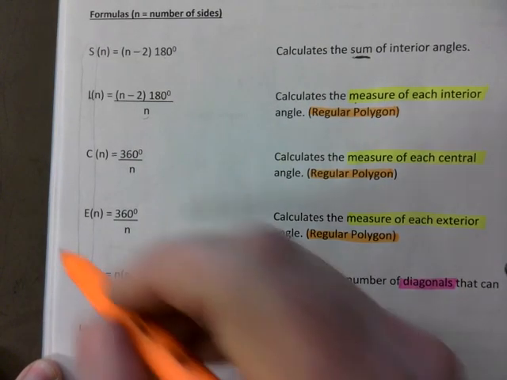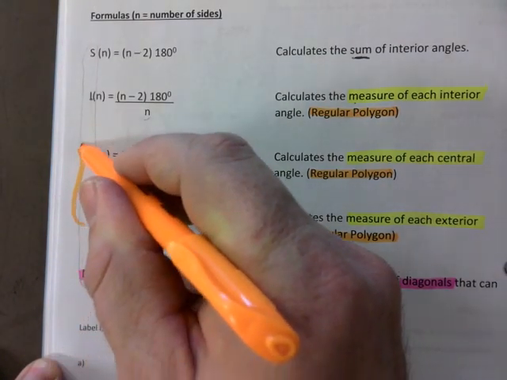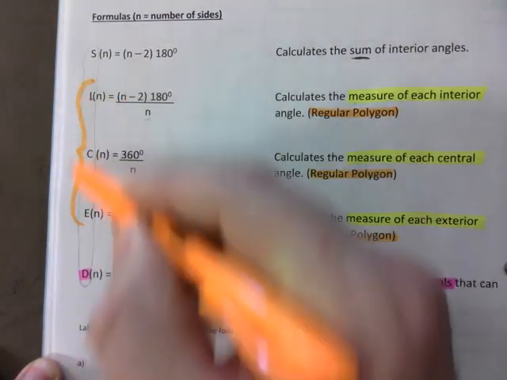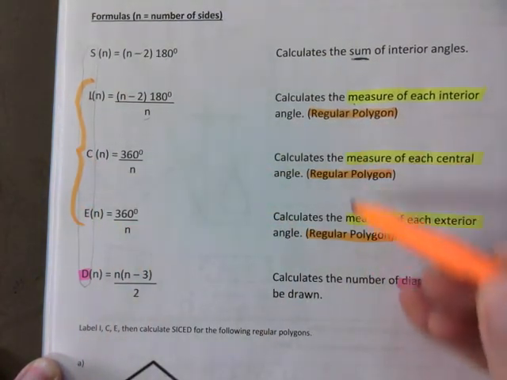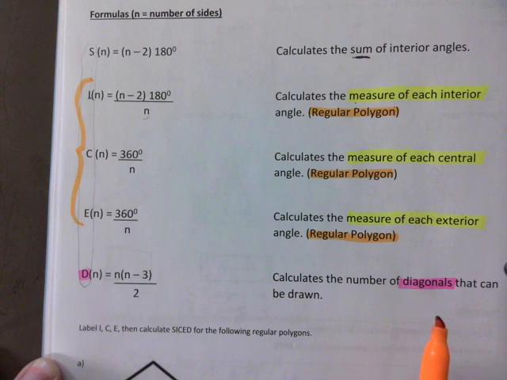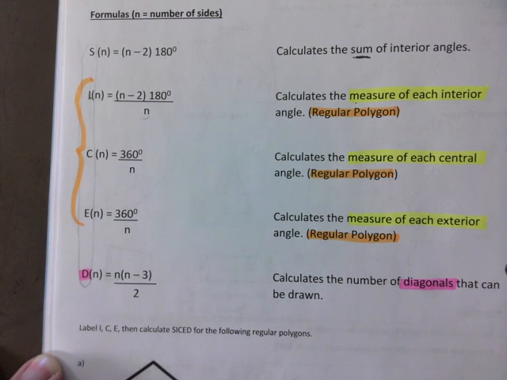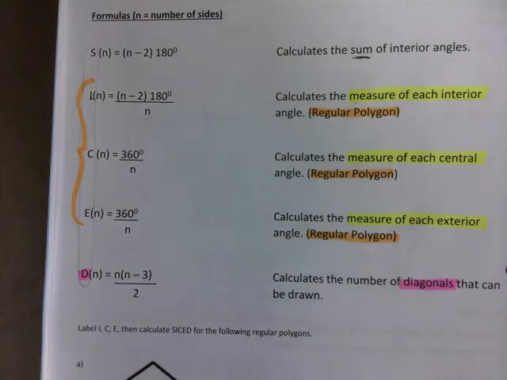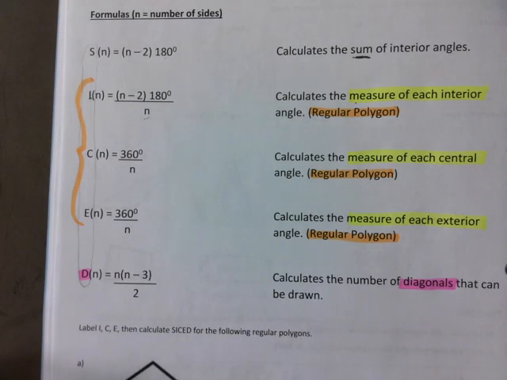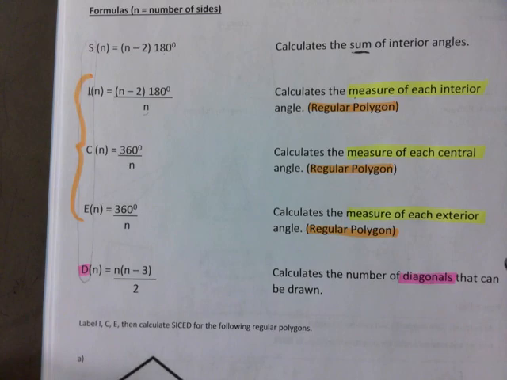So I will make a little bracket like that with the same color where I say, hey, this only works with regular polygons. Everything else you can use with other polygons that aren't regular. What's regular? All sides, all angles are the same. And by the way, most of them are going to be regular.